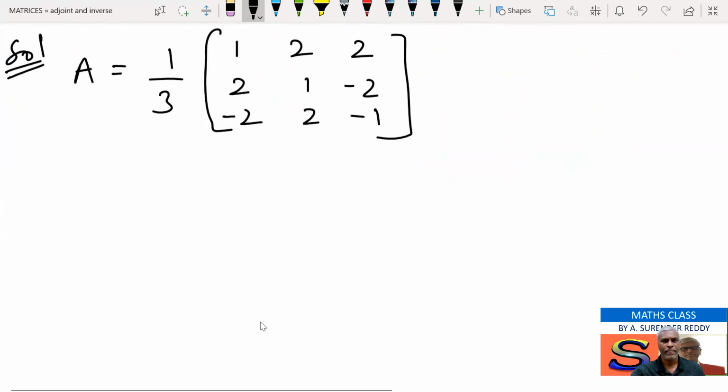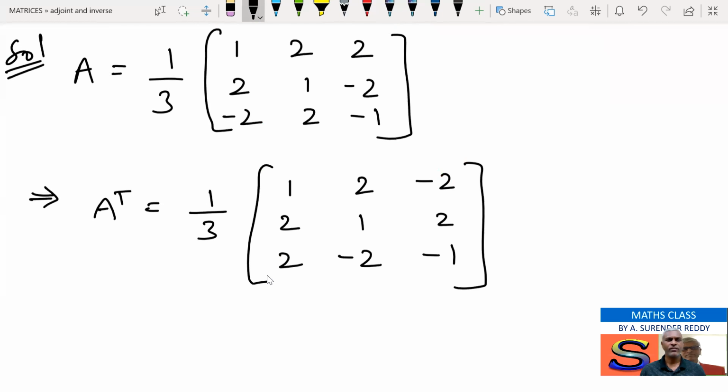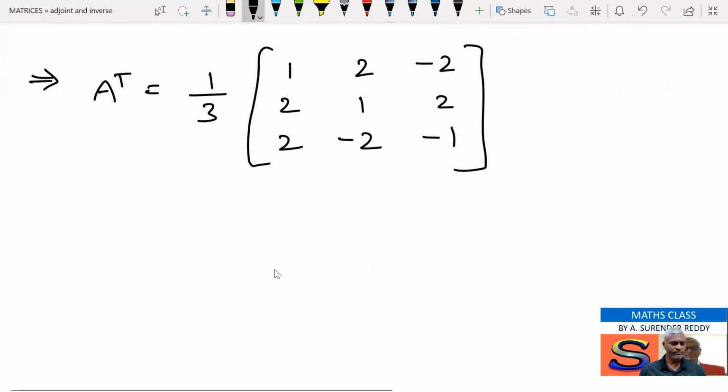This is the A. Now from A you can write AT, the transpose of this one. Convert rows into columns. 1 2 2 as a column, 2 1 minus 2, minus 2 2 minus 1. If rows are changed into columns, it becomes AT. So this is AT.